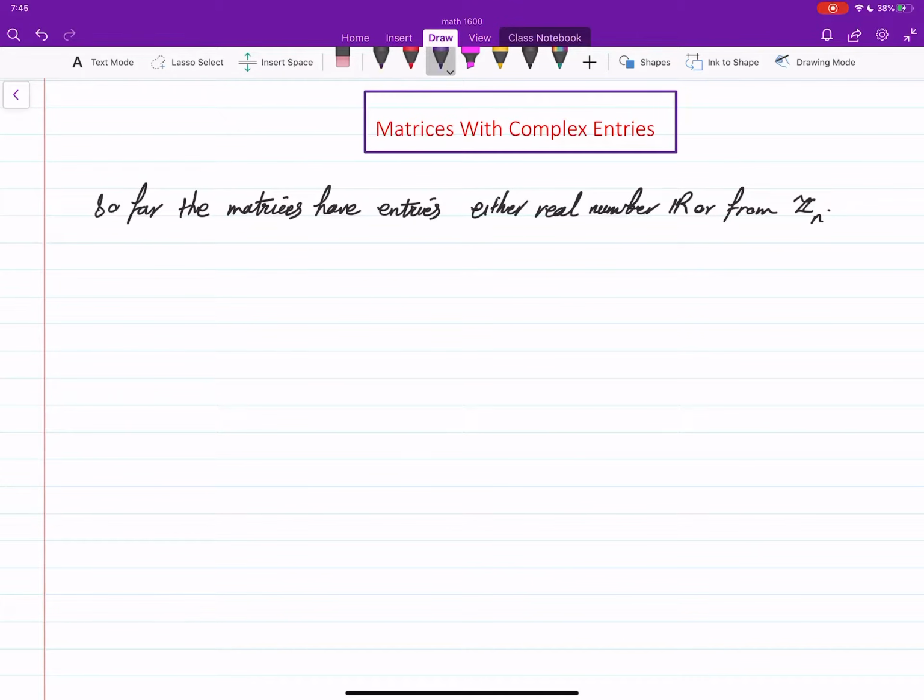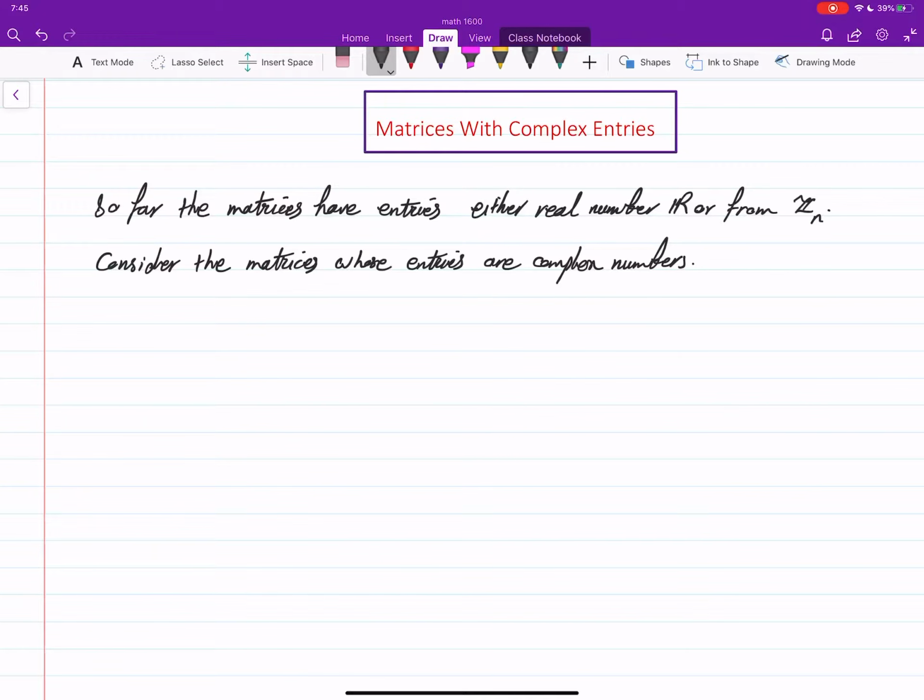Now we want to consider matrices whose entries are complex numbers. All the operations, all the work that we have done for real numbers, you can do the exact same way for complex numbers.